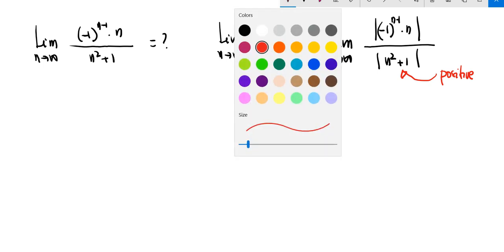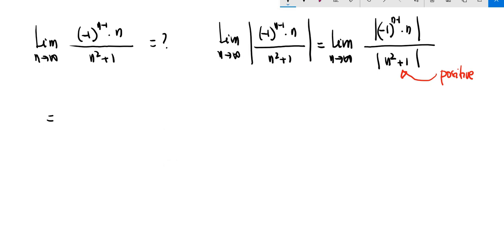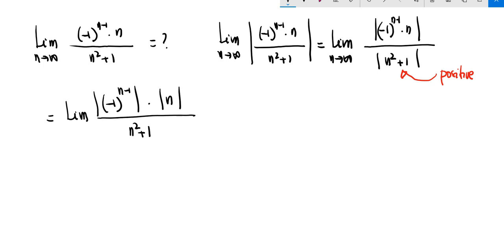Then moving forward, we get the limit of the absolute value of (-1)^(n-1) times the absolute value of n over n squared plus 1 as n is approaching infinity. And again, n is positive, so we can remove the absolute value, and this thing here is negative 1 or 1, so its absolute value will be 1.